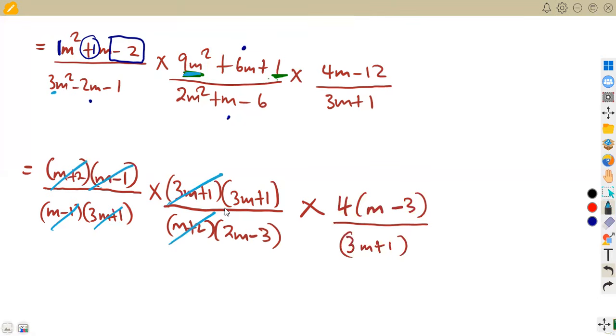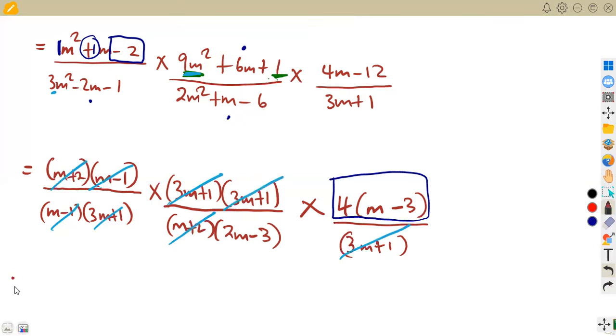Here 2m minus 3, nothing. Another 3m plus 1, 3m plus 1. After this, there's nothing left. So from the numerator, we are left with this part alone.